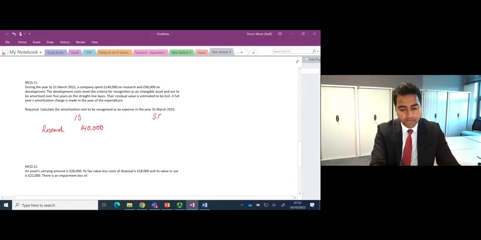So in my statement of financial position, I will be recording the development cost, which is 96,000 pounds. And then every year we have to subtract the amortization cost.